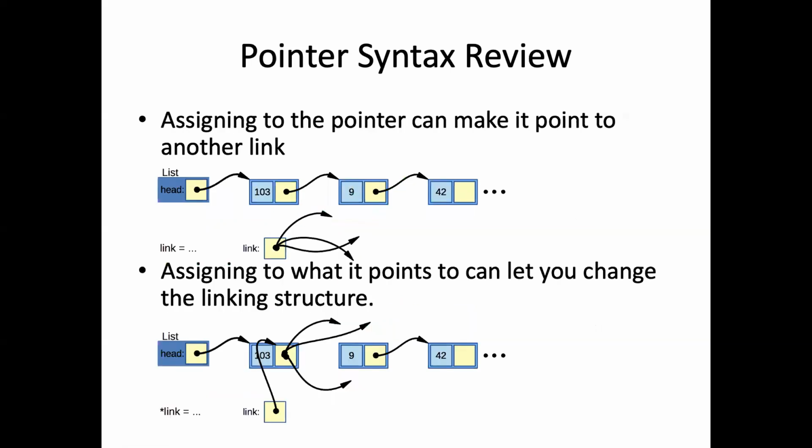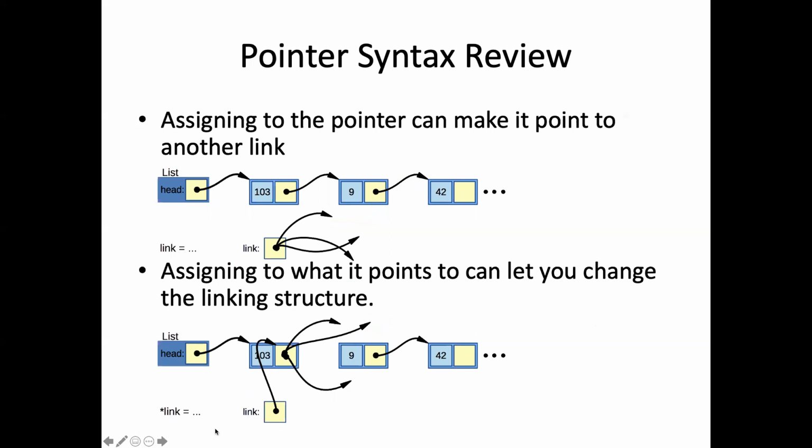But you can also do other things, like if you assign to link. So link is a pointer to a pointer to a node. You can make it point to any pointer to a node you want. This silly picture here is sort of showing you can make it point anywhere you want. So if you just assign to link, you're deciding what pointer it points to.